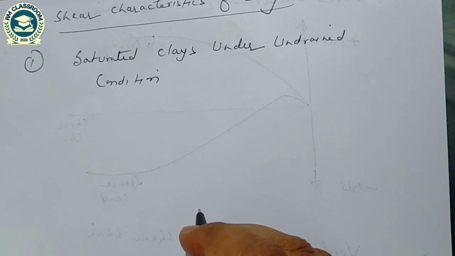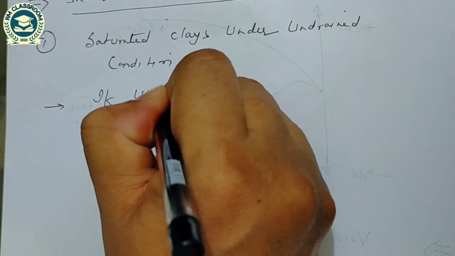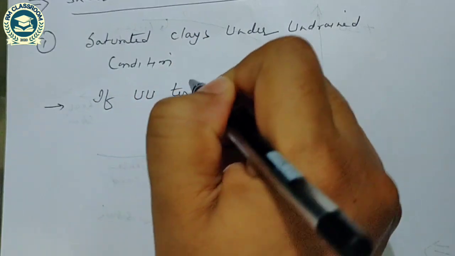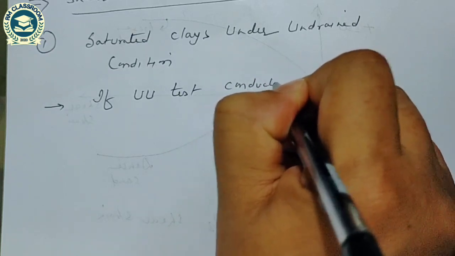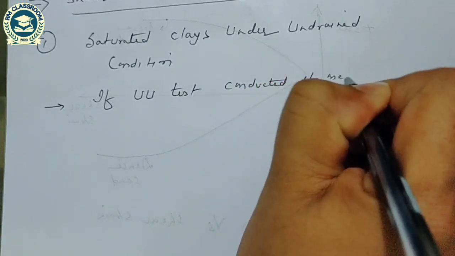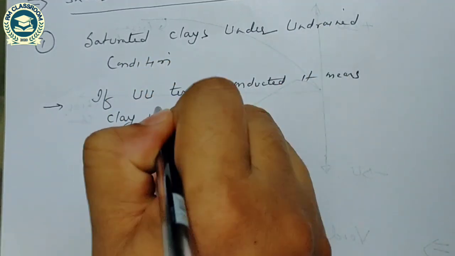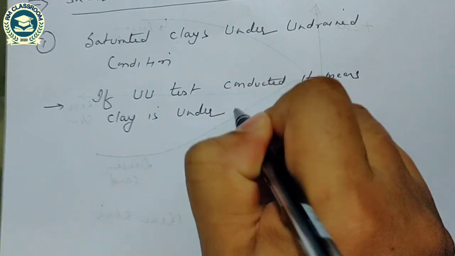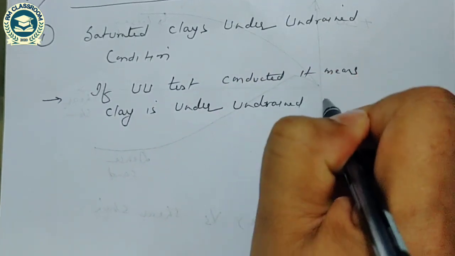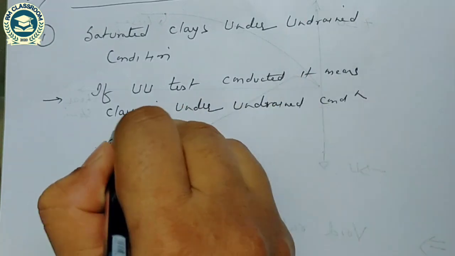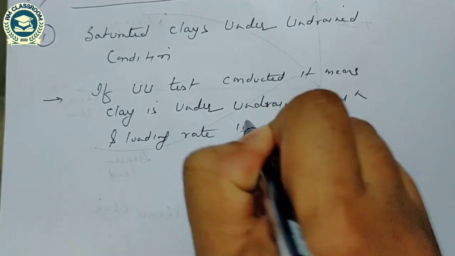The tri-axial test gives the following result. If a UU unconsolidated undrained test is conducted, the clay is under undrained condition and the loading rate is slow.